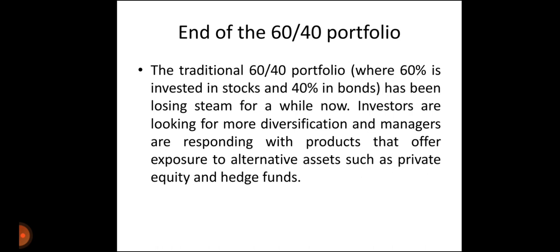So thereby I'm going to get a differentiated profit, and if I get a differentiated profit, then of course I am going to be stable in the market, right? That is why the 60 by 40 portfolio is ending, and the trend is like 20 by 20, 20 by 20, that is 5 avenue segments. It can be, it is changing.